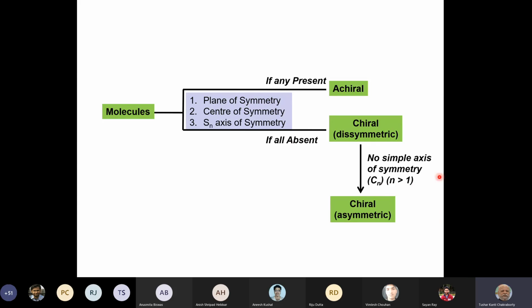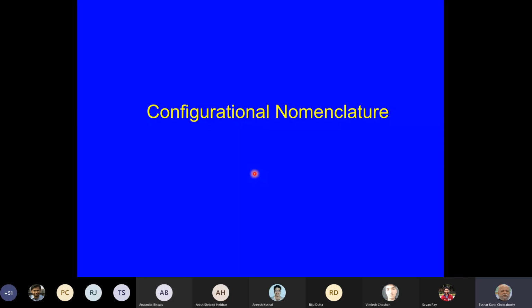But just a simple axis of symmetry, if it is present, does not mean that the molecule will be achiral. So the other three are elements of symmetry whose presence makes the molecule not chiral.